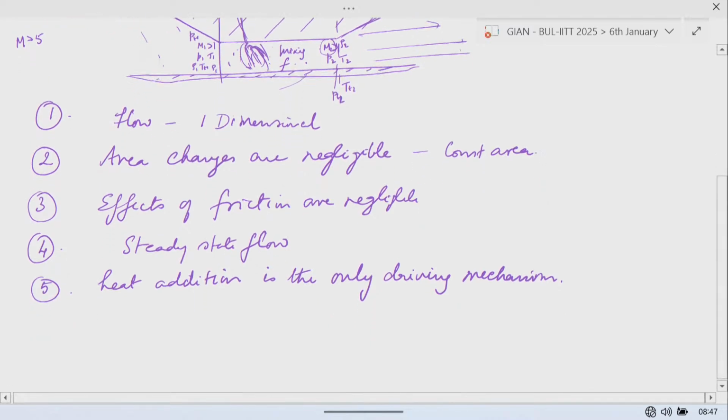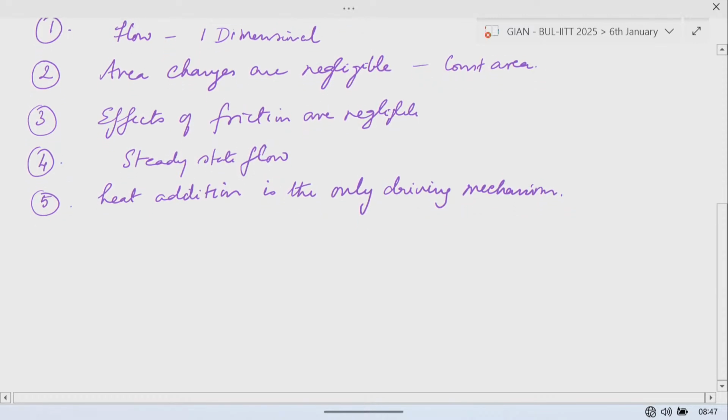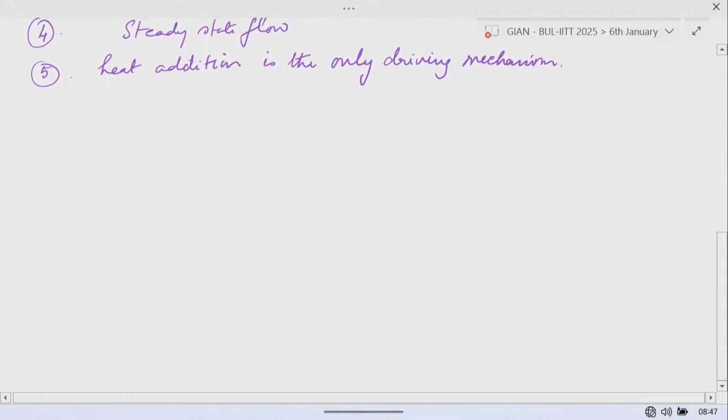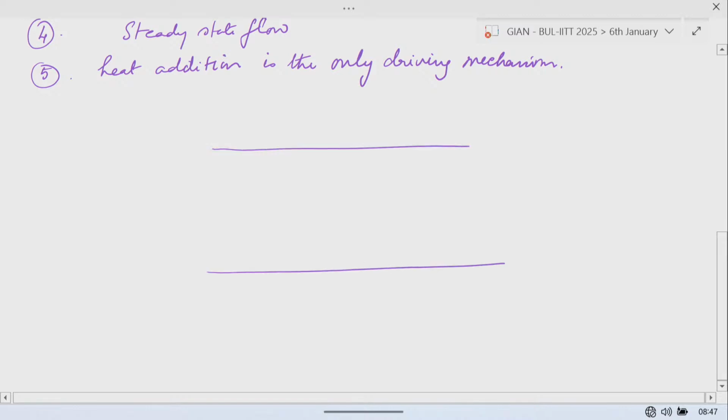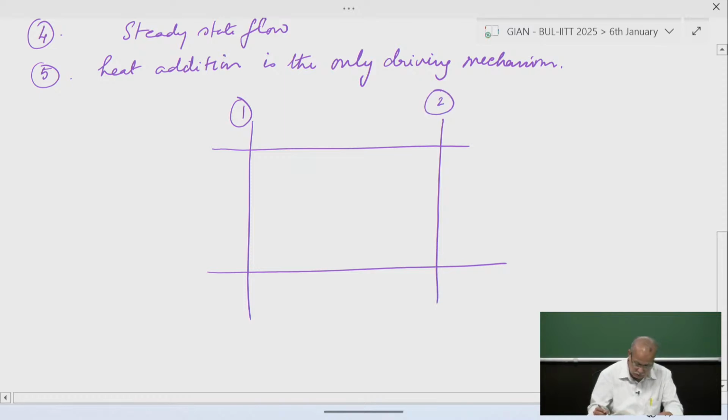Okay, so the flow is one-dimensional, the area change is negligible, and accordingly we can say that this is going to be the combustor. It's a constant area. So here is the inlet 1, here is the outlet 2.